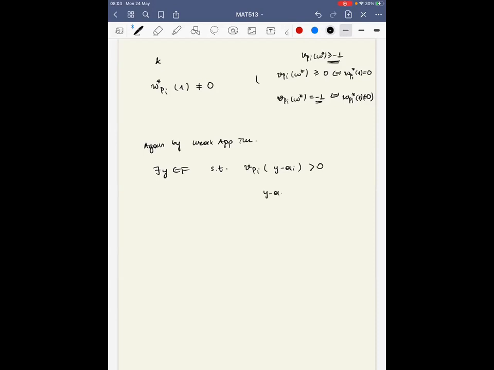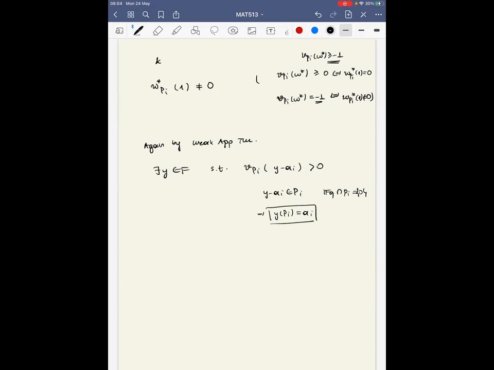So that means y minus ai lies in the places Pi, and since the ai's are elements from Fq, and the constant field has only trivial intersection with the places, this tells us y(Pi) is equal to ai.